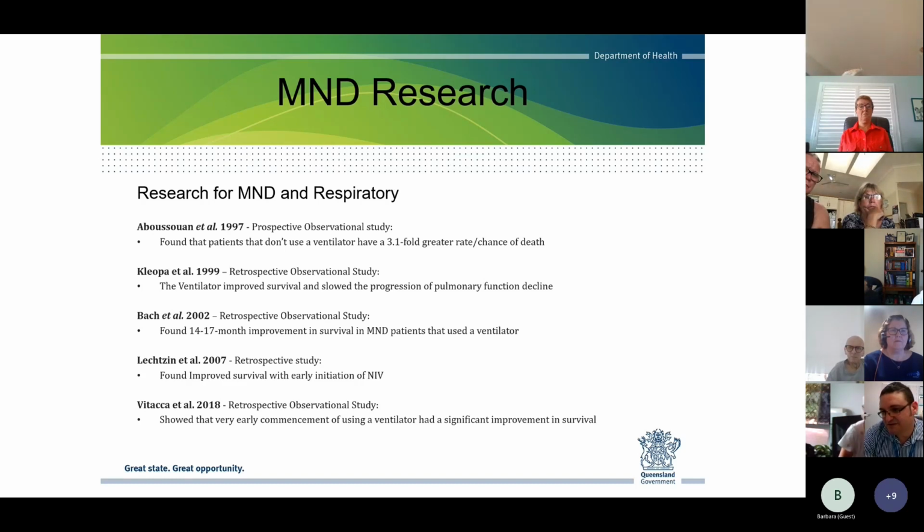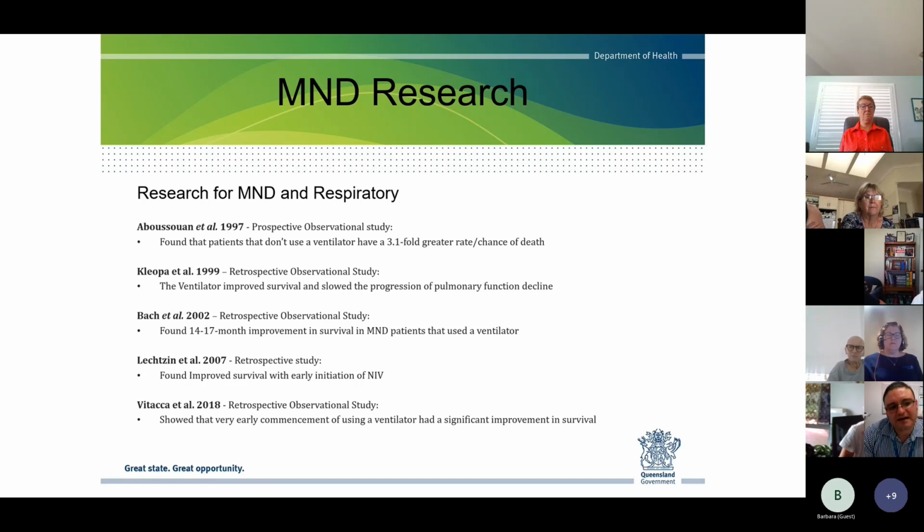That fancy jargon means it slows the worsening. With MND, your lung function gets worse, and this slows that. So it doesn't fix it, but it slows it, which means it will prevent you going to respiratory failure quicker.